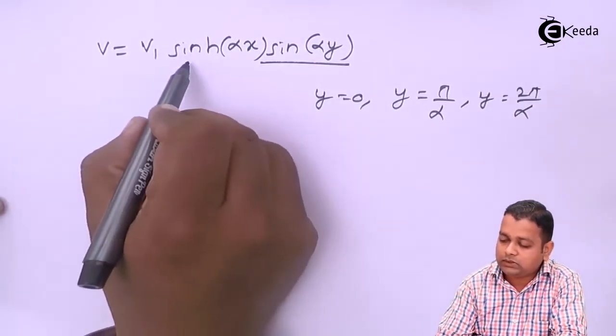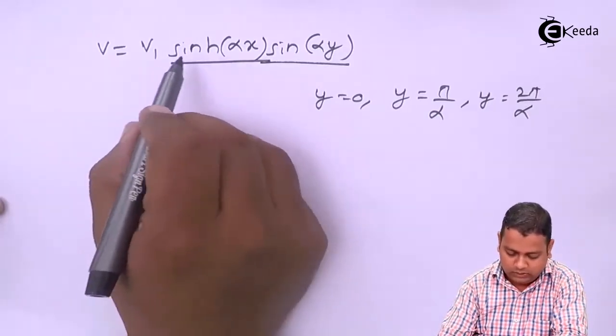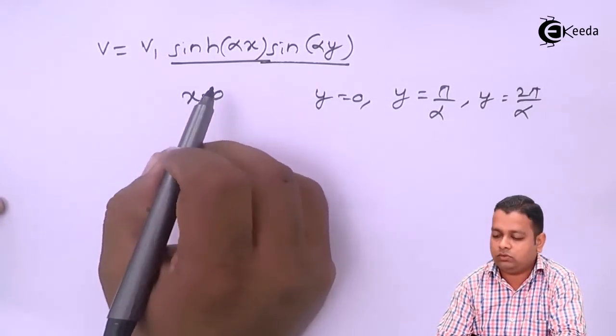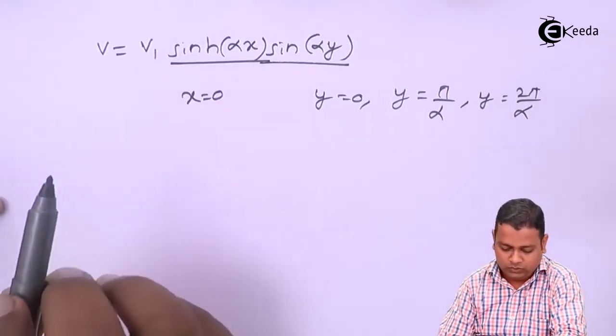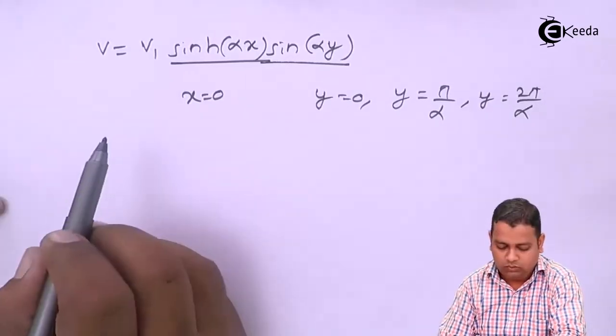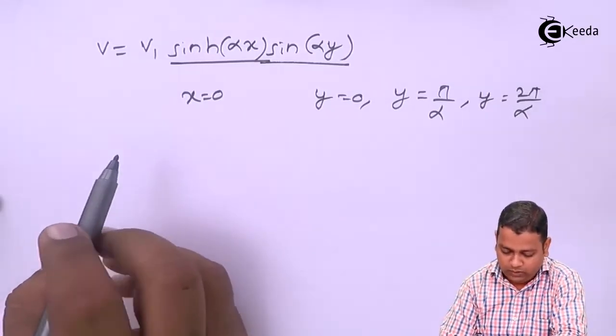Or we can make sin h alpha x, this term, equal to 0 if we substitute x is equal to 0. It will be sin h of 0. So finally we can get 0 multiplied by these two will be equal to capital V equal to 0.